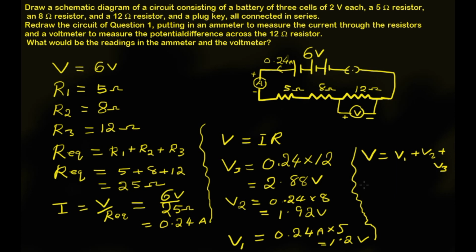So when we use the values, the total voltage in the circuit will be V1, we got 1.2 volt for the 5 ohm resistor, plus V2 we got 1.92 for the 8 ohm resistor, and V3 we got 2.88.